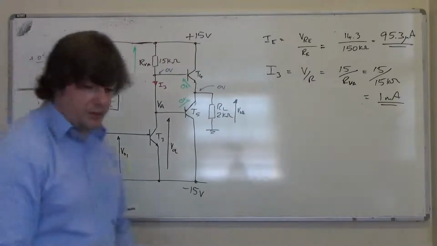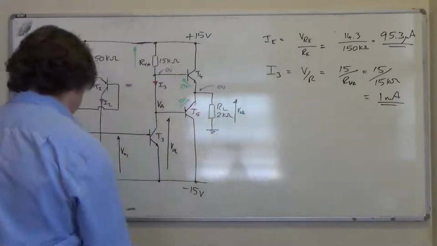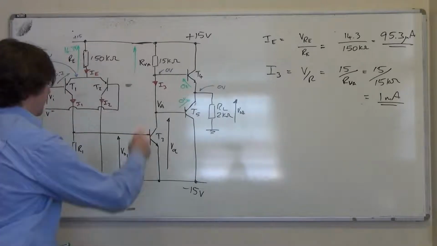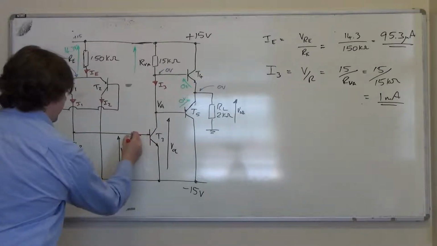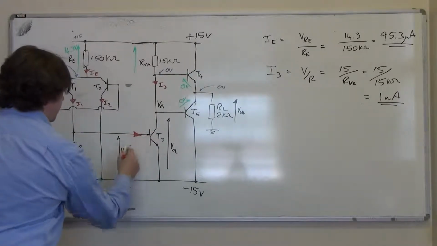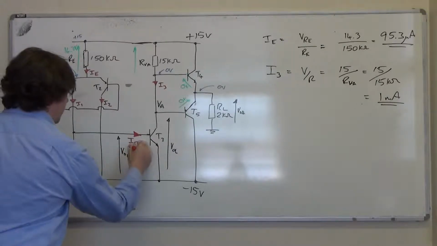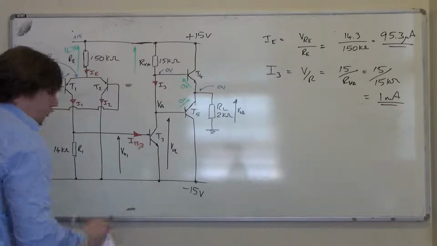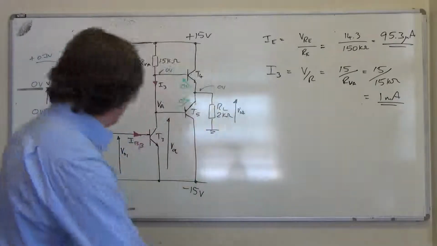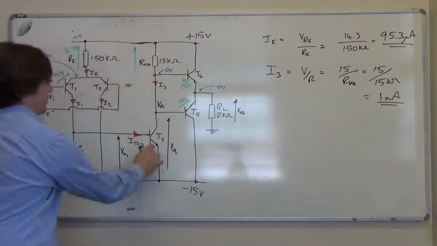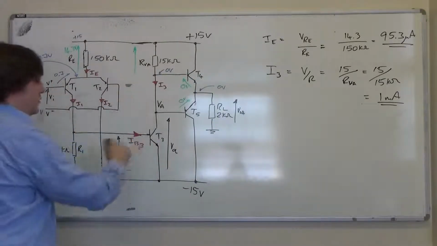Now, there will be some base current flowing in T3 because of the HFE relationship between IC and IB. So I'll call it IB3. And I'm going to assume that the HFE for this transistor and for all the transistors is 100.